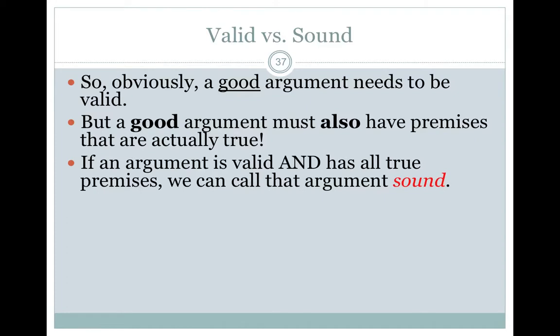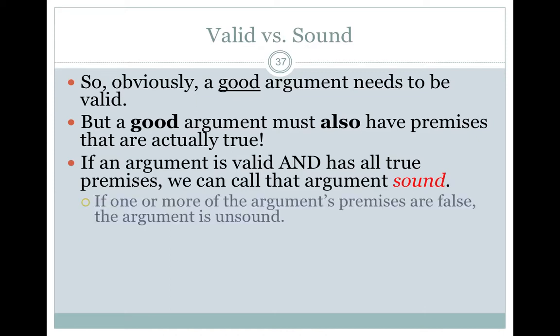An argument that is valid and has all true premises, we'll call sound. That's the technical term. Now, if one of the premises of the argument is false, then the argument is unsound.